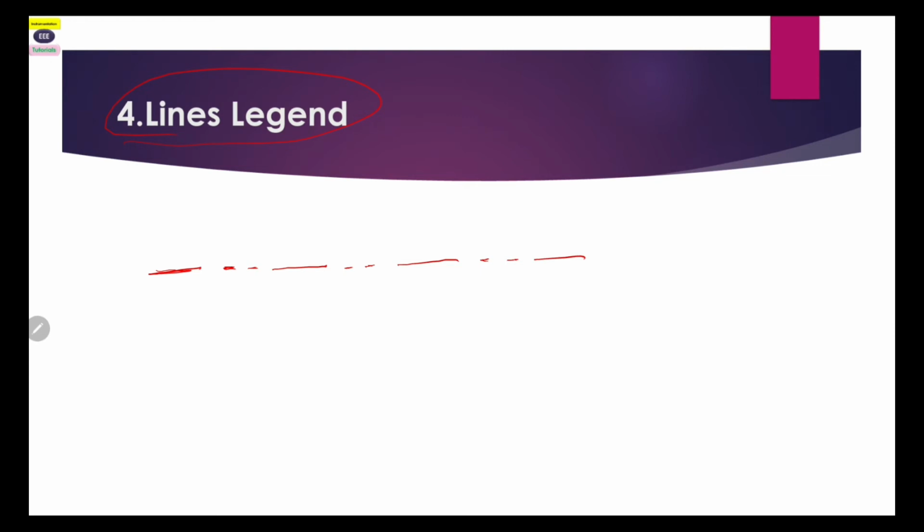we will see one by one, some line is given in this way and some line is given in this way.